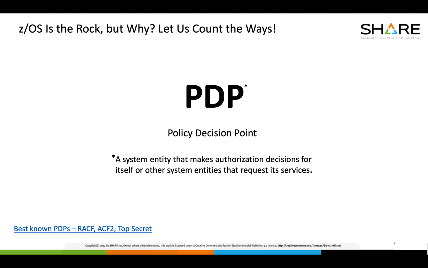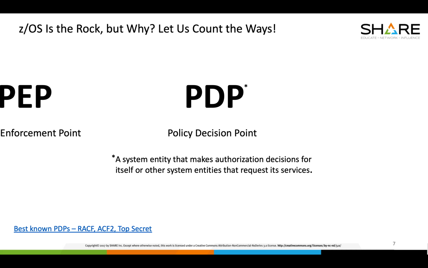Their name derived from the fact that they're not part of the operating system. They're outside of the operating system. They're the external security managers. But even though they represent strong, enforceable rules that they will take care of for us, these policy decision points do not live alone.